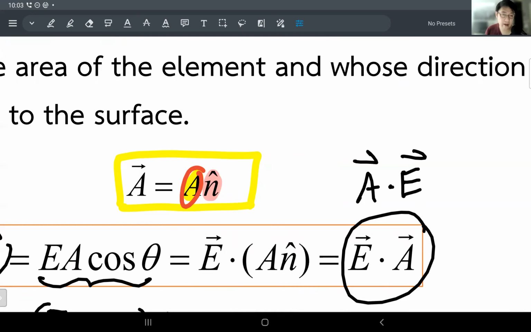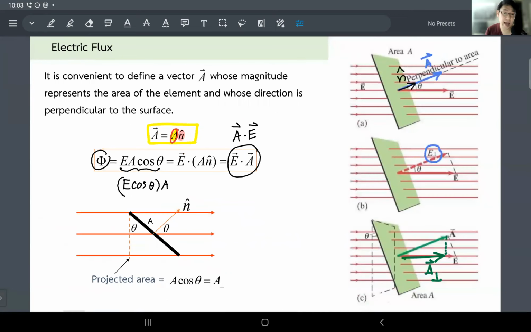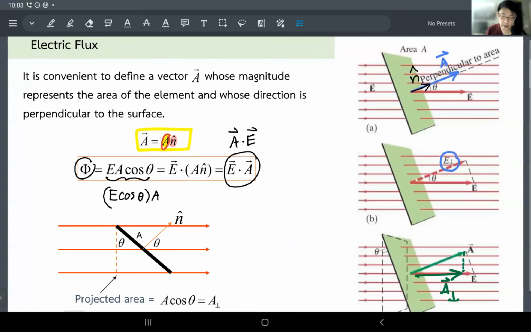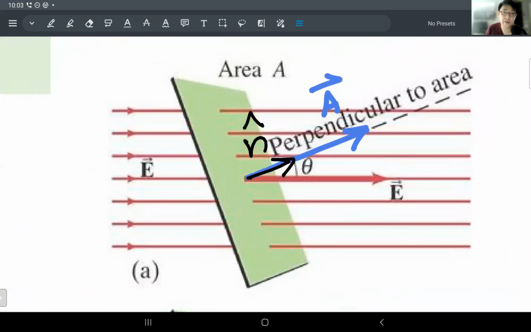So by having A defined in that way, the way that you calculate flux, conceptually, is just like you want to count the amount of electric field lines that penetrate that area. However, you want to count those lines that pierce through or penetrate the area in a perpendicular fashion.